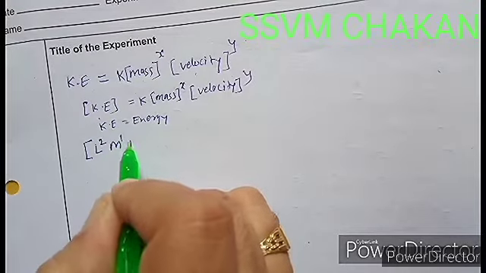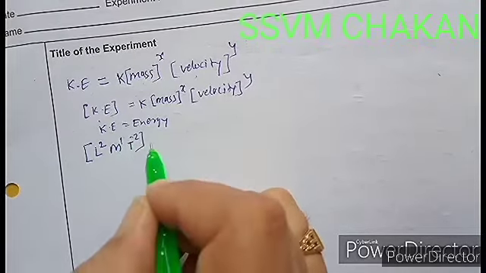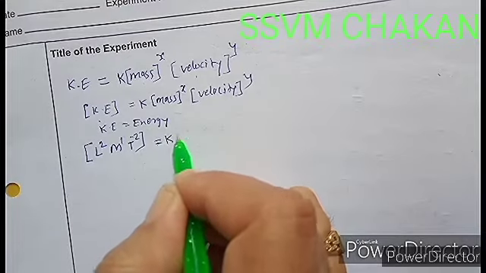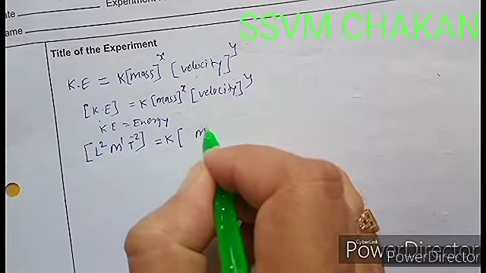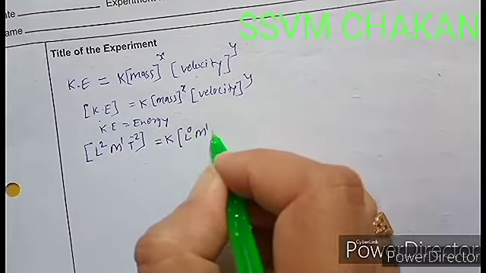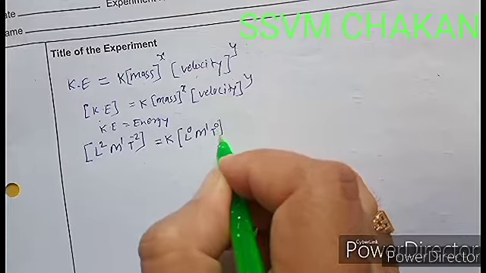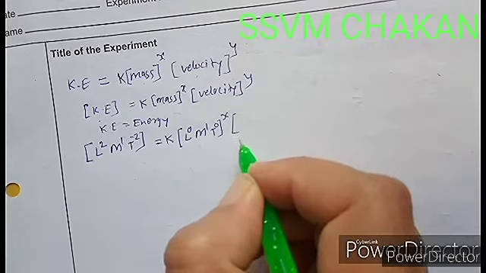That is equal to M1 L2 T minus 2 on the left. On the right, k is a constant. The dimension of mass is M1, other terms L0, T0, raised to x.